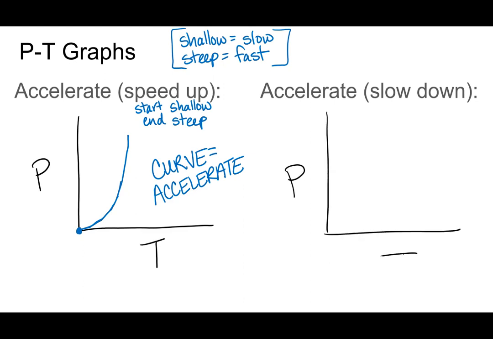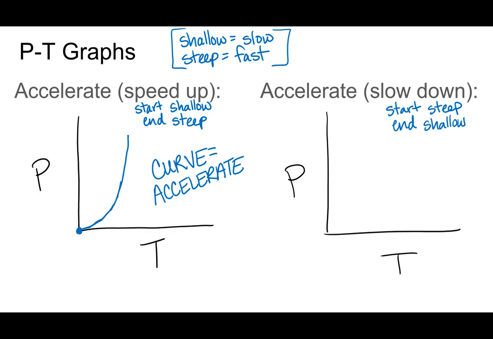So, position, time. This time, if we slow down, then that means we have to start going fast. We start at a faster speed than we end. That's what it means by slowing down. So we're going to start steep and we're going to end shallow.